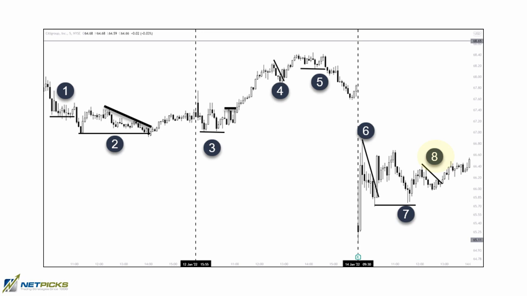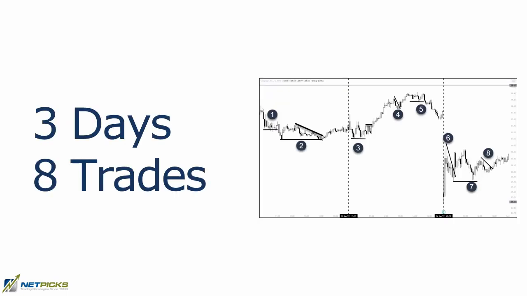It's the break of that which leads to the trade. So over the course of just 3 days trading the 5-minute chart, you had 8 opportunities to get a trade on using very simple technical analysis. With proper risk protocols, it's a really good way to build a trading account, depending on how you handle your trade management and your profit-taking exits.